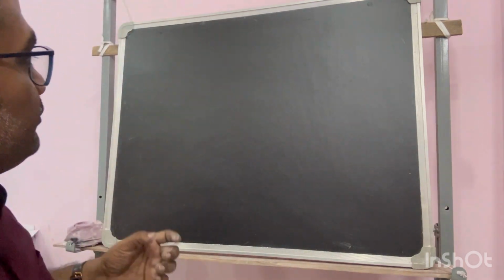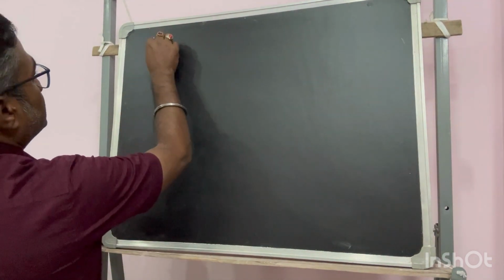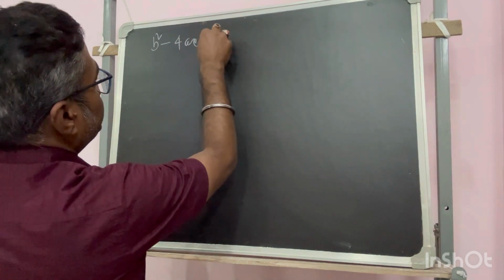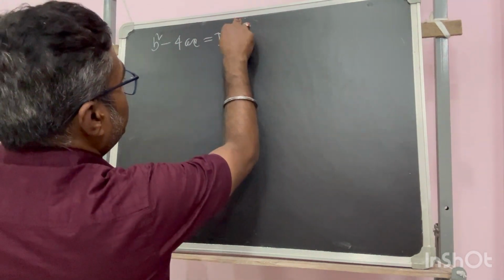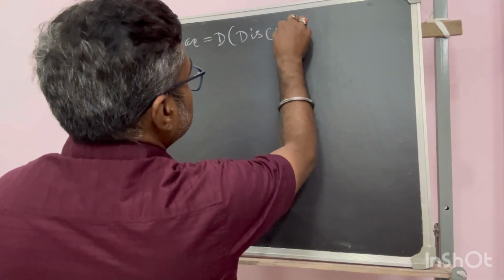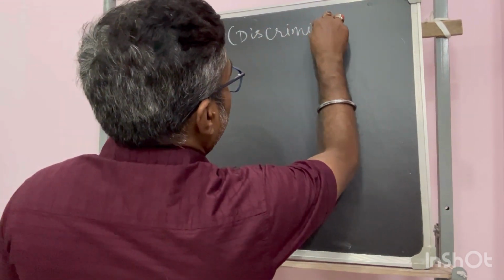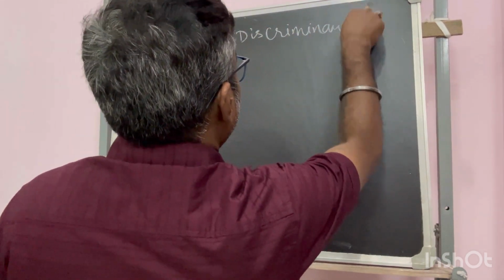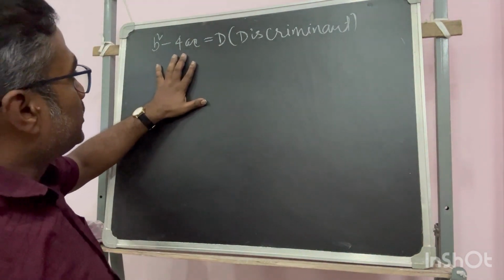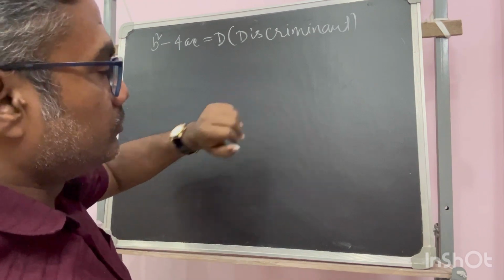A term we have used, b square minus 4ac, we call the discriminant. This is called the discriminant. This is a special part of the roots.